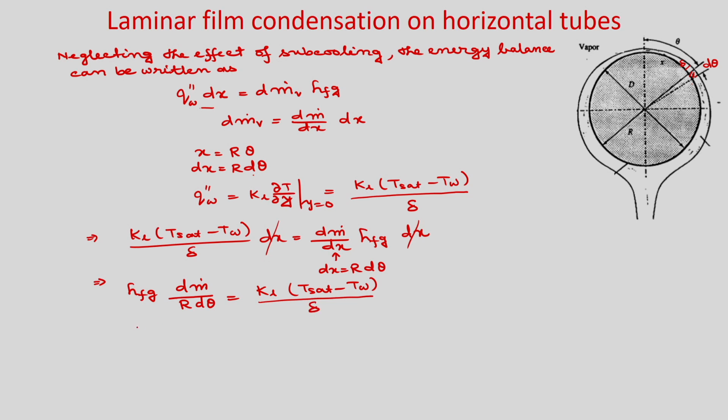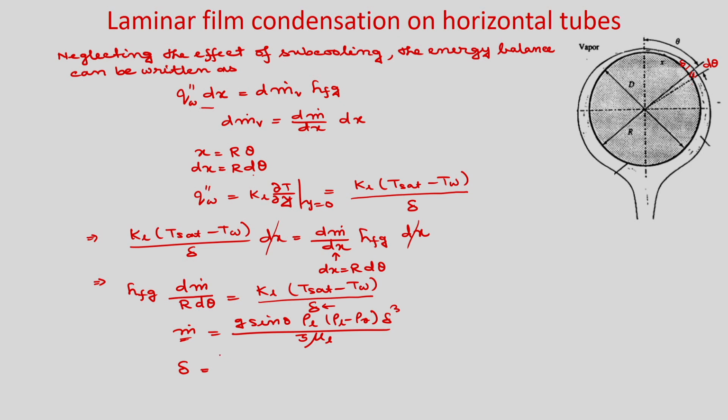Now we already know that m dot is g sin theta into rho L, into (rho L minus rho v), delta cube divided by 3 mu L. So from here you can find delta. Because we have the term delta here, we have to replace it in terms of m dot so that we can integrate it.